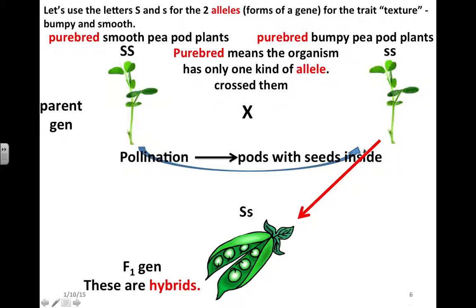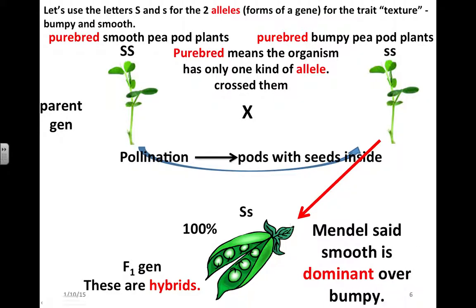Here's the little s that it got from mommy when Mendel pollinated them together. 100% of every seed that he planted from the union of these two, when he put them in the ground, let the plants grow up and produce their own pods, 100% were smooth, even though they had a bumpy allele in them. Where did they get the bumpy allele? From mama over here. All right.